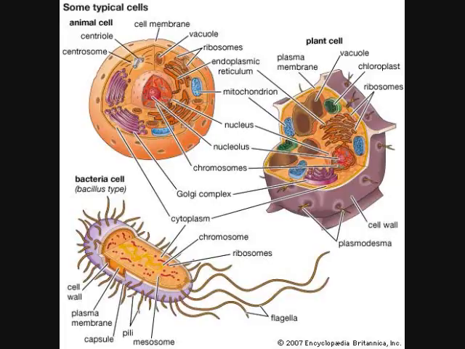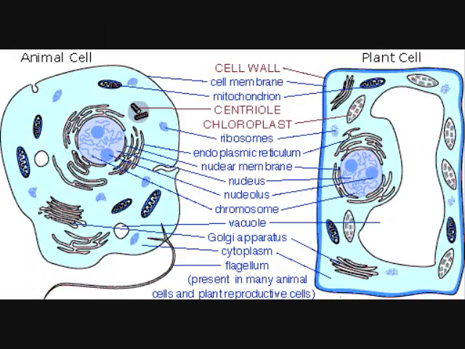In the bacteria cell, we see the cytoplasm, the chromosomes, the ribosomes, the flagella, mesosome, pili, capsule, plasma membrane, and cell wall. They all share the cytoplasm and ribosomes, but the bacteria is different from the flagella and the pili, as we don't see them present in any of the eukaryotic cells.